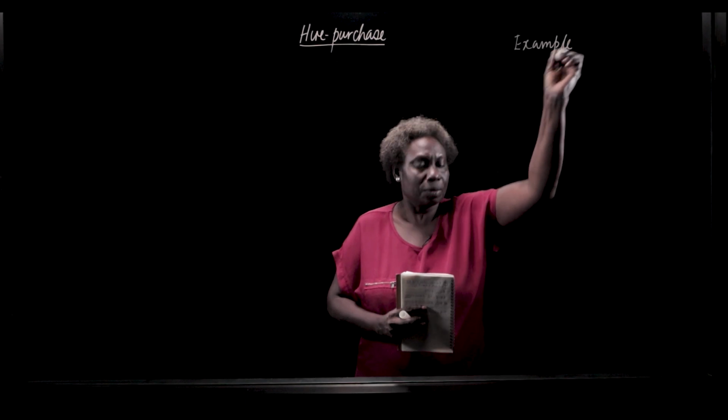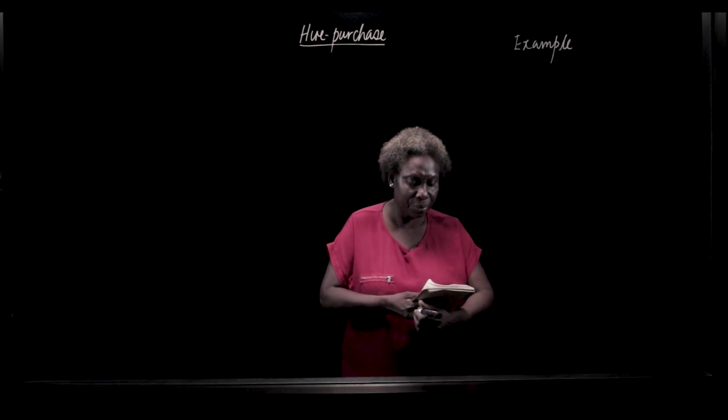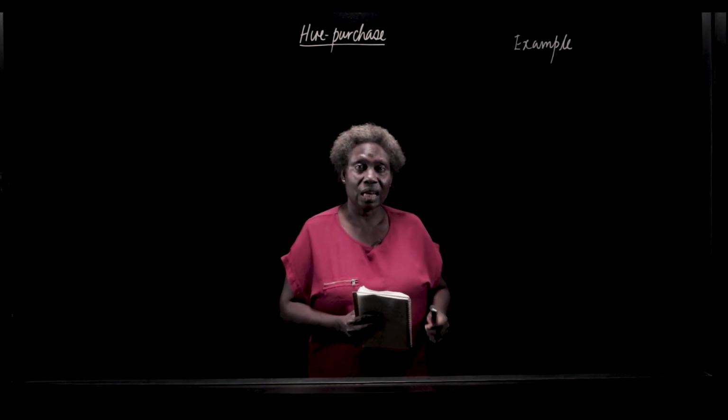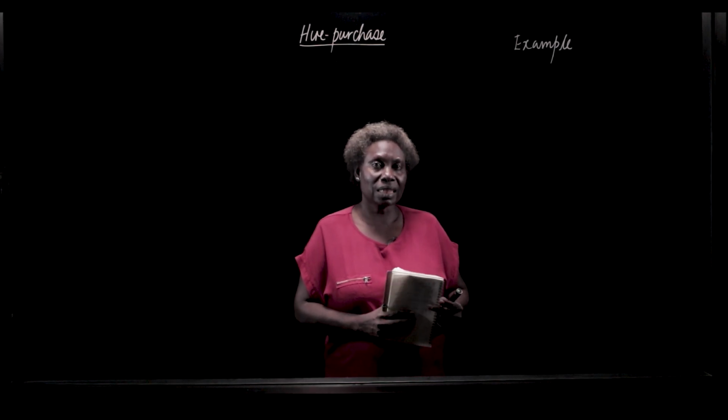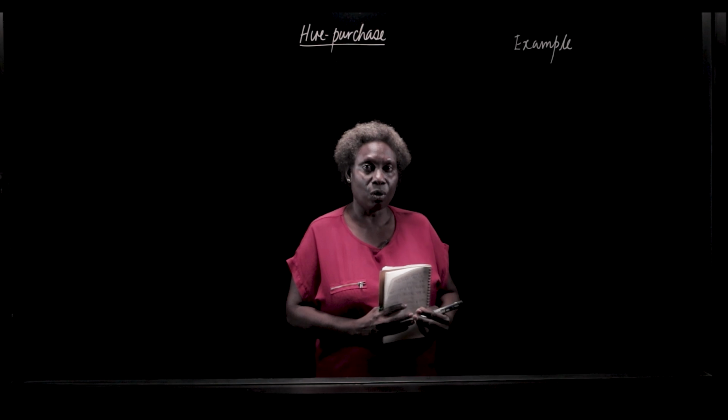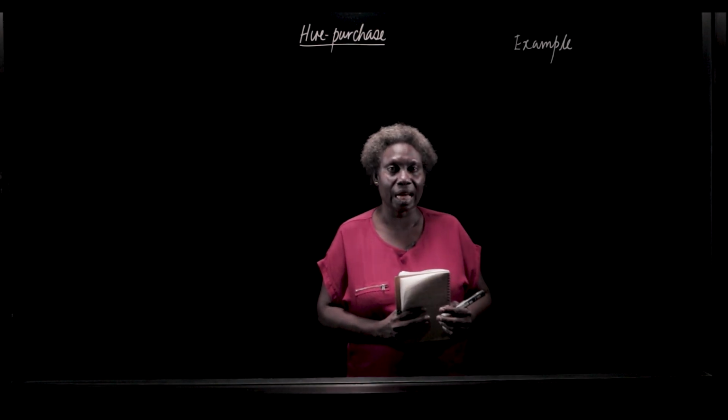Example: Tobias has agreed to a hire purchase contract charging a flat rate of interest on an item that costs 6,300 kina, and he pays a deposit of 1,300 kina.